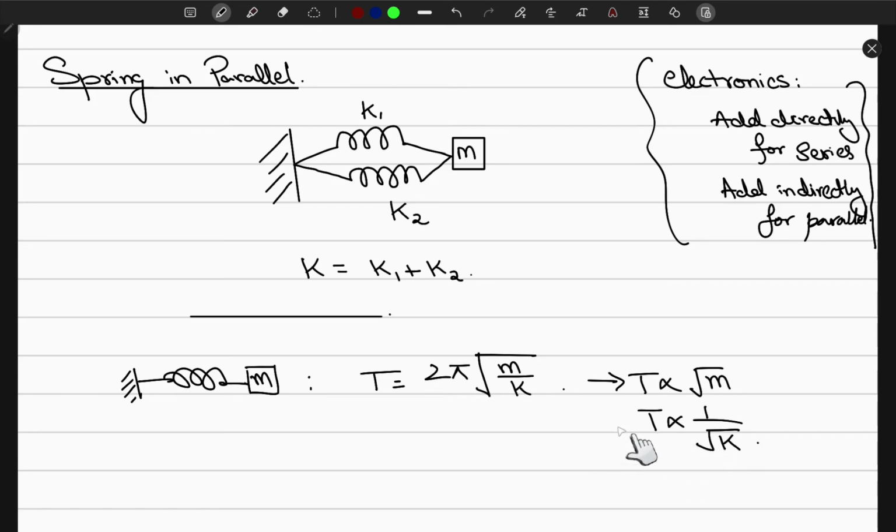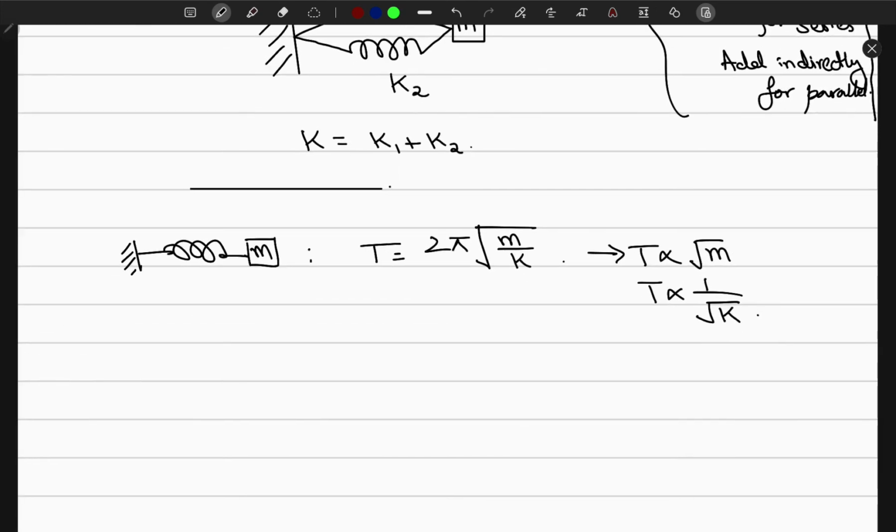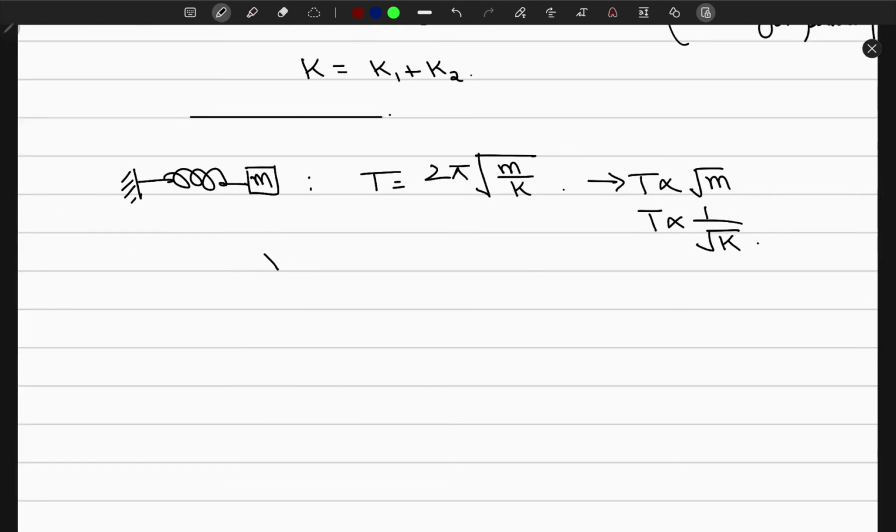Now, remember that we defined the displacement as x equals x naught sine omega t. From this expression, it is very simple to derive the instantaneous velocity by simply taking the time derivative of this expression.